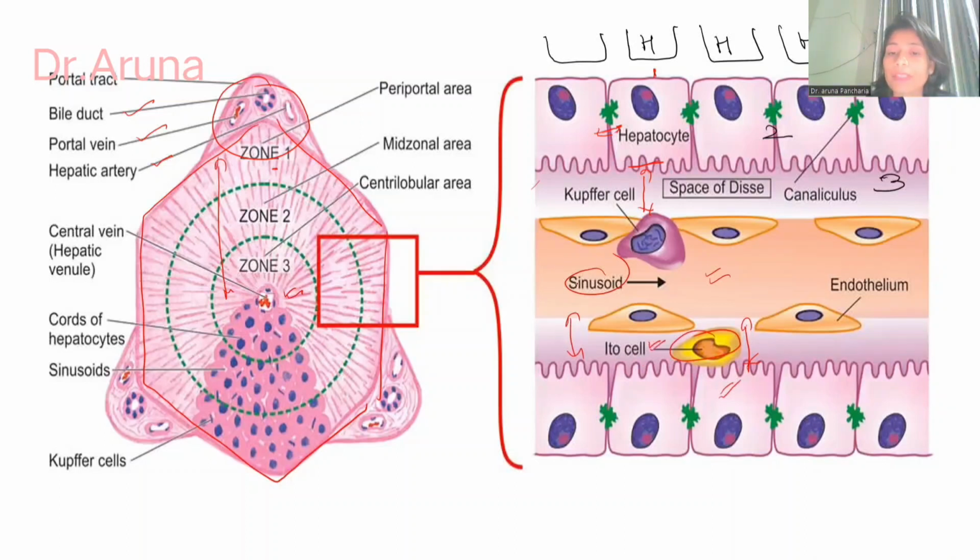The sinusoids are lined by endothelial cells, and here you can see they are discontinuous endothelial cells, so there can be exchange of the material. So solutes can easily be transported.